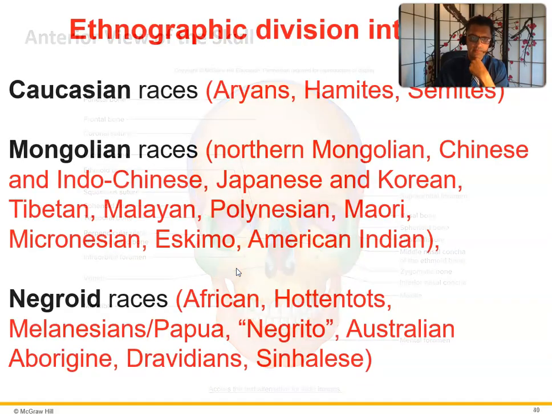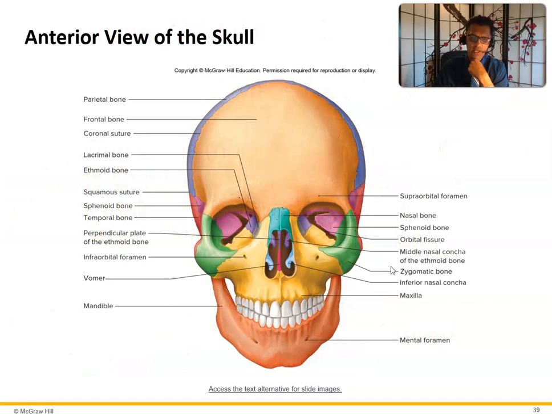Okay. Now, if you look at the zygomatic bone, as far as race is concerned, we base race on skin color. But you've got to remember, when you pass away, your skin, hair, nails, everything falls out, and all you're left with is a skull. Based on National Geographic findings, there are really only 3 main races in the entire world, and it's all based on this cheek structure right here.